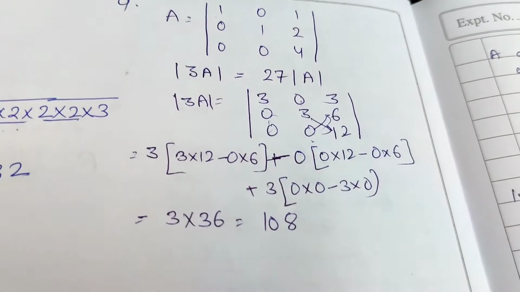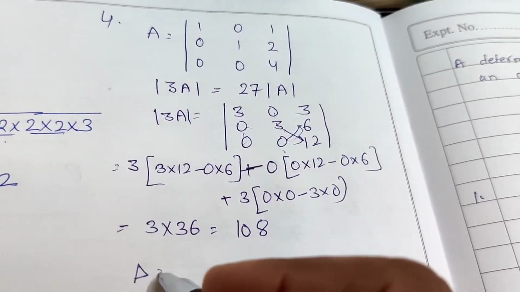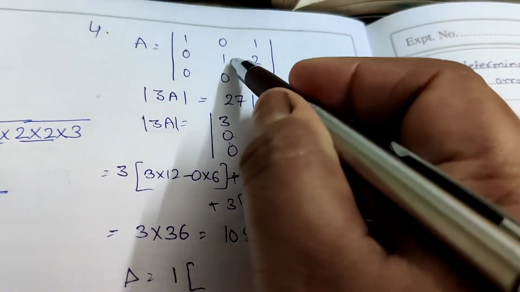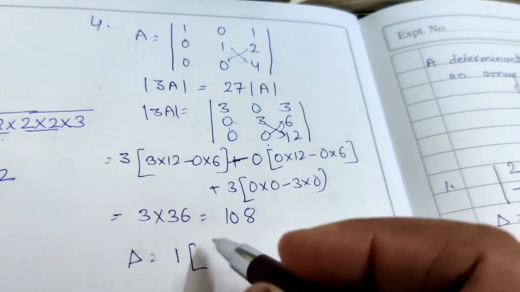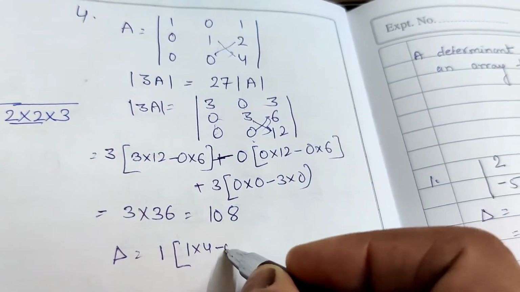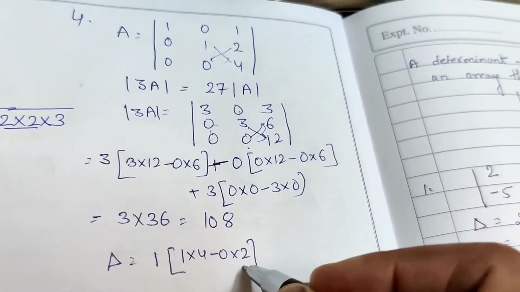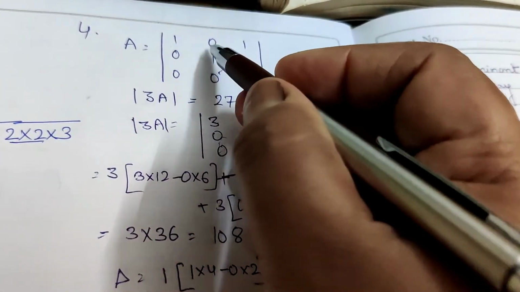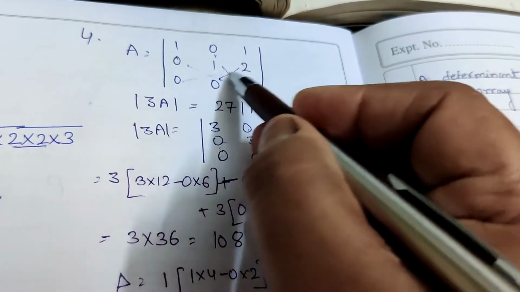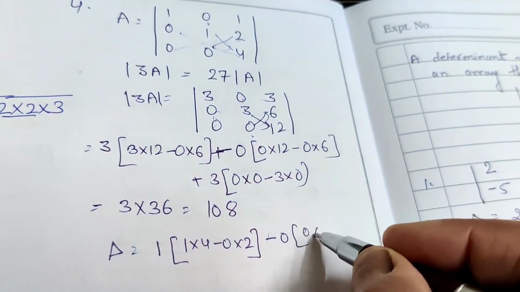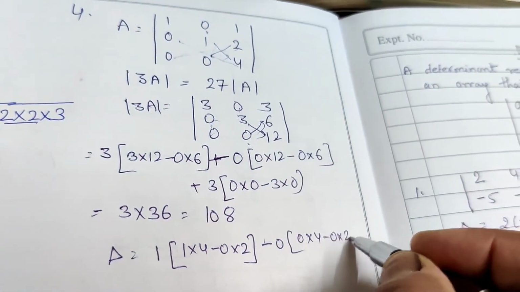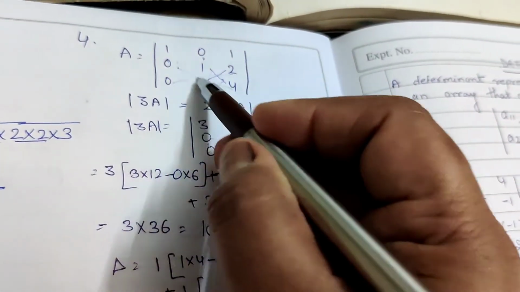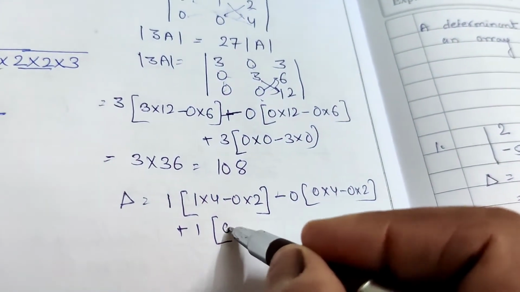Now the determinant A. A equals, first, 1 multiplied by 1 into 4 minus 0 into 2. Minus 0 multiplied by 0 into 4 minus 0 into 2. And third, plus 1 multiplied by 0 into 0 minus 0 into 1.